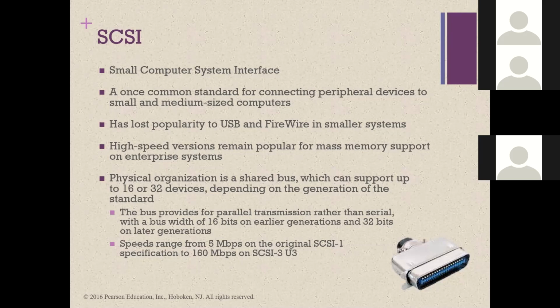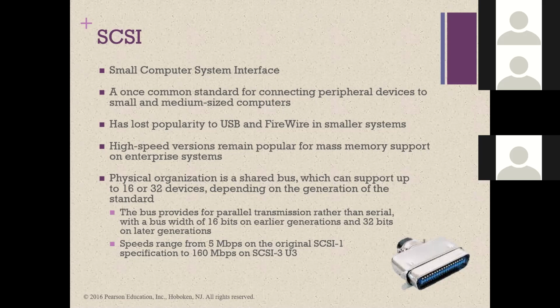However, high-speed versions of SCSI remain popular for mass memory support on enterprise systems. For example, the IBM Z Enterprise EC12 and other mainframe computers still use the SCSI. And then also a number of Seagate hard disk drives also use SCSI.